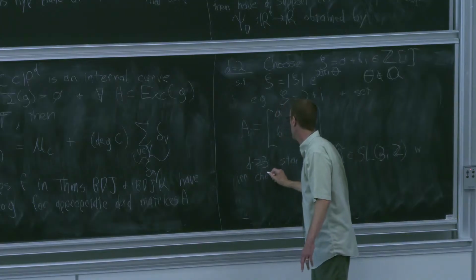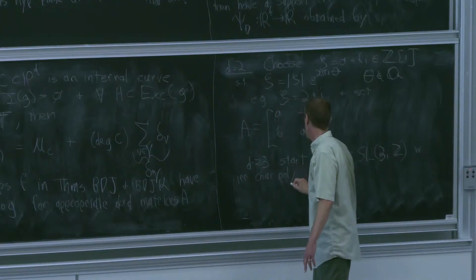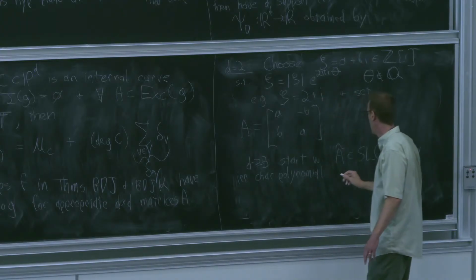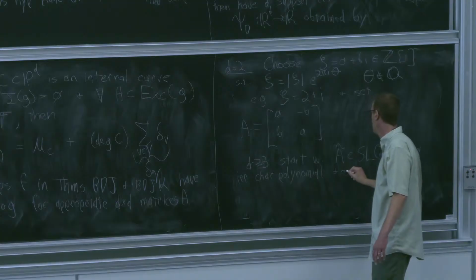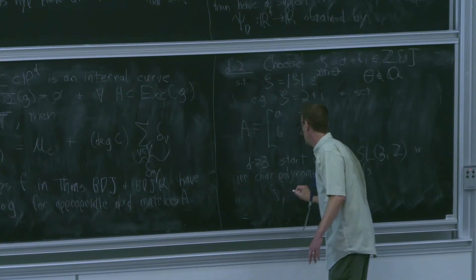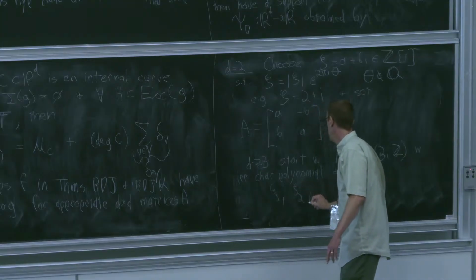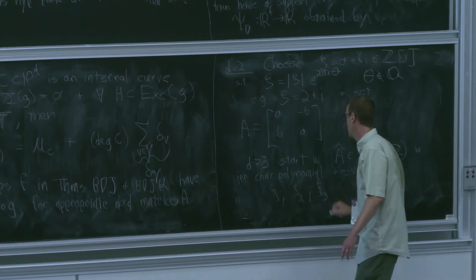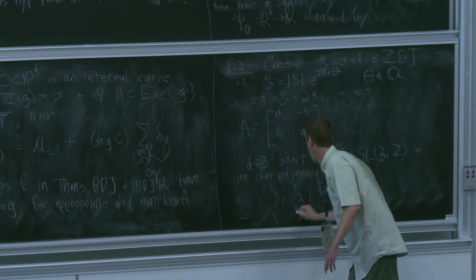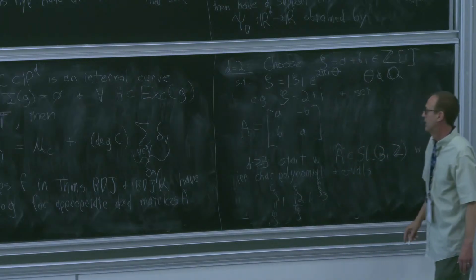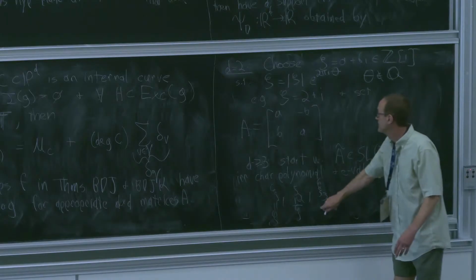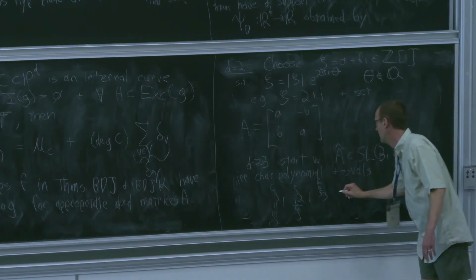Irreducible characteristic polynomial. And eigenvalues c1, c2, c3, where c1 and c2 are just conjugates of each other, and zeta is as before.